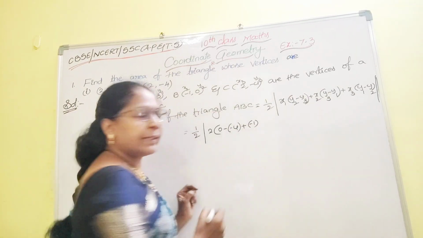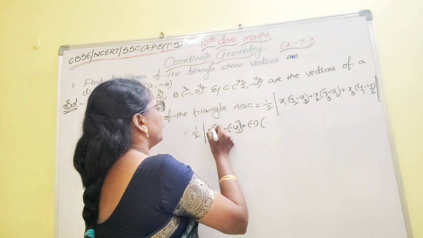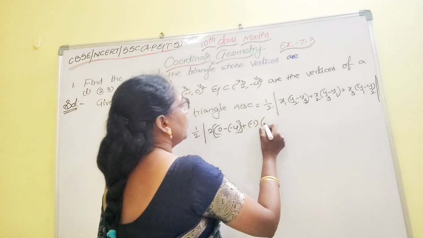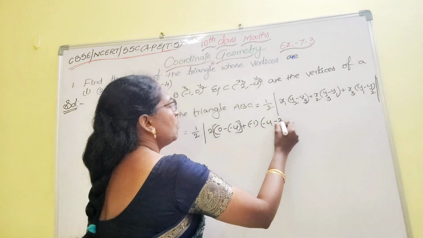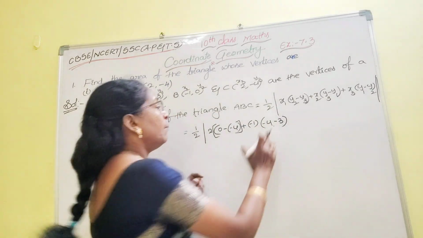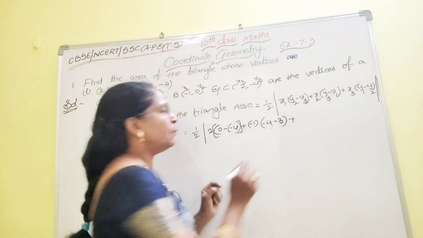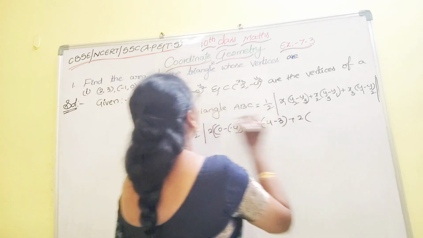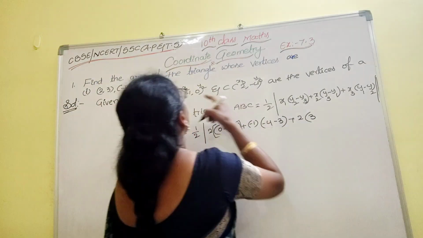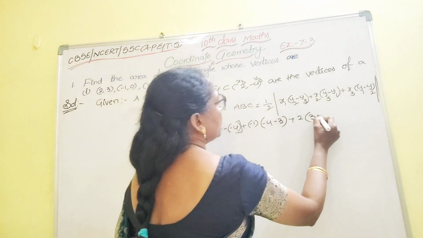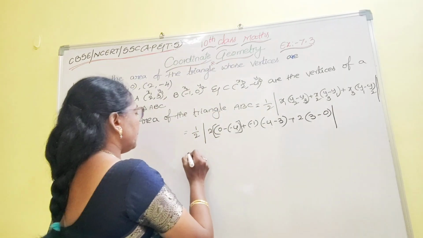So keep in bracket x2 into (y3 minus y1), where y3 equals minus 4 and y1 equals 3. So y3 minus y1, plus x3 equals, what is the x3 value? 2. 2 into (y1 minus y2), where y1 equals 3 minus y2 equals 0. These are the values. Now simplify.